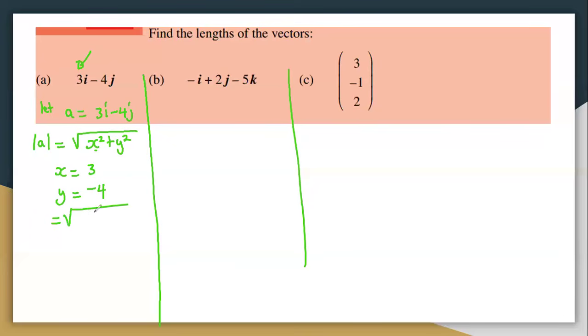Substitute for us. What shall we have? 3 squared plus negative 4 squared. Continue. What shall we have? 9 plus 16.